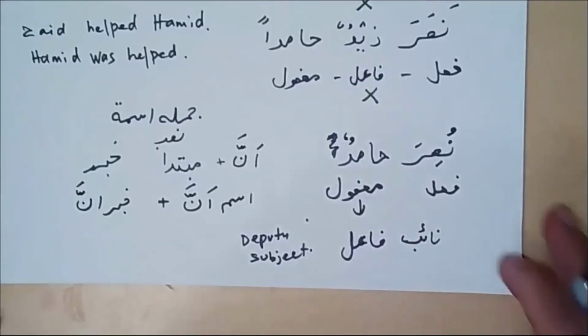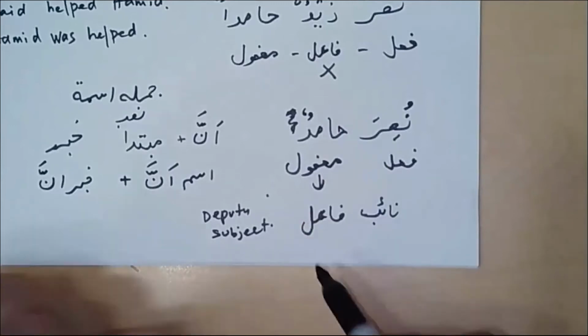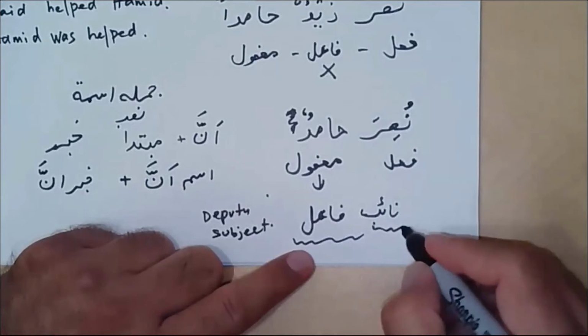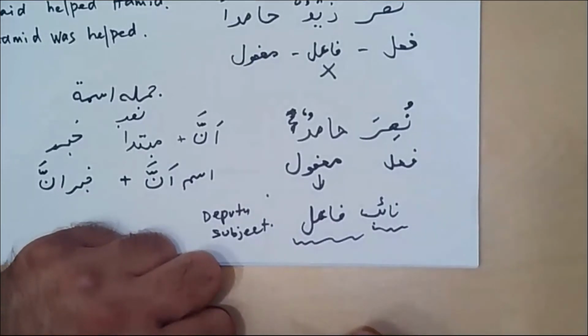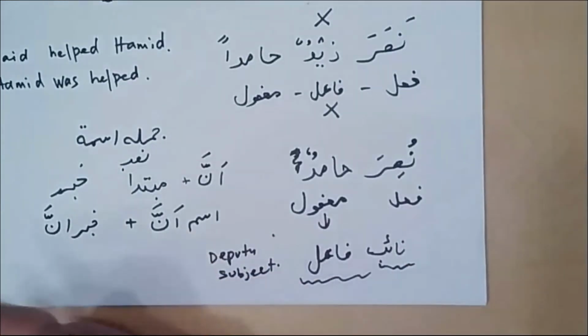So same thing here. When I change the maf'ul to act as the file, technically I cannot simply call it file. I have to call it naib file. So I think this should clear your concept of how we are dealing with this. Any questions?